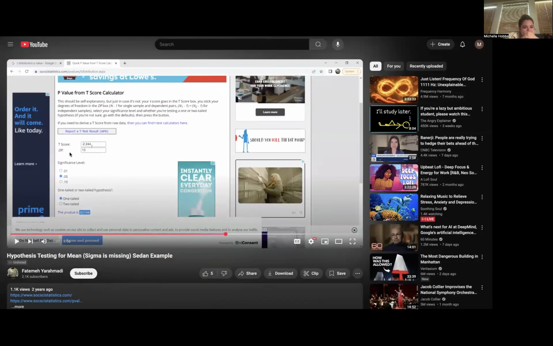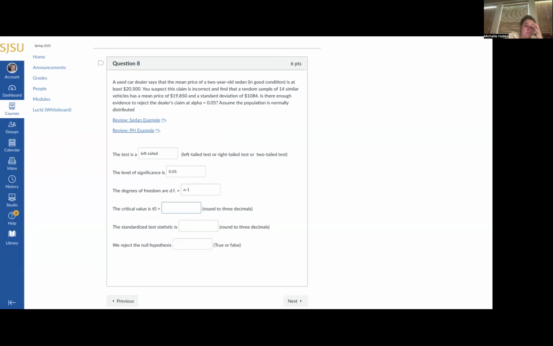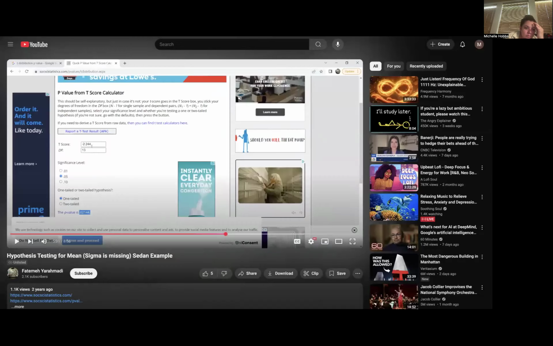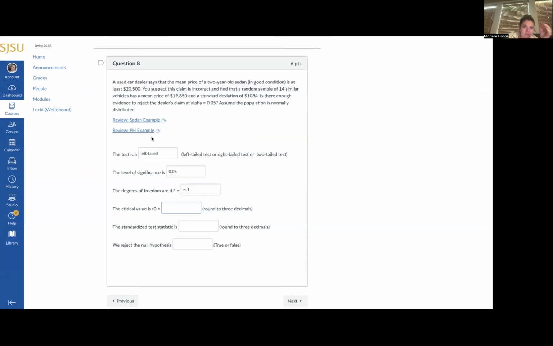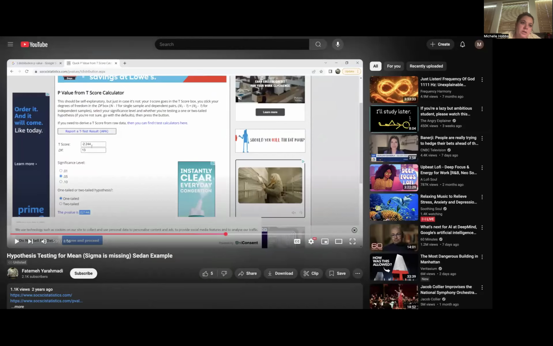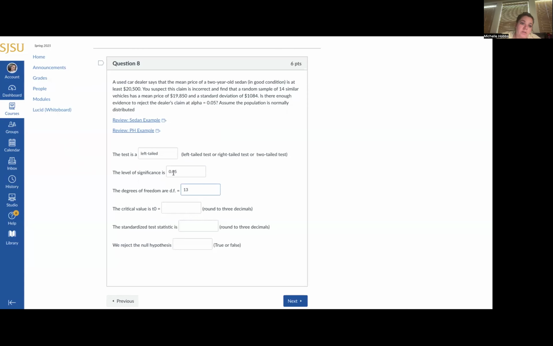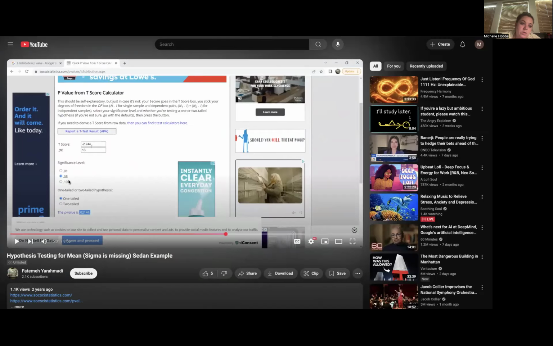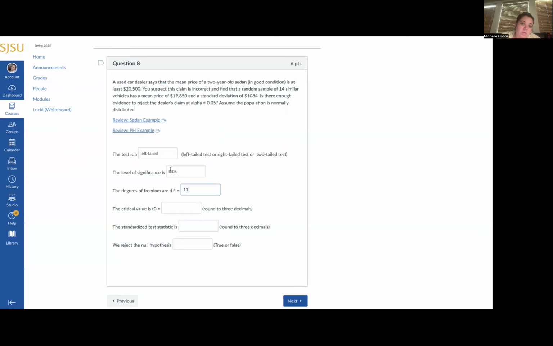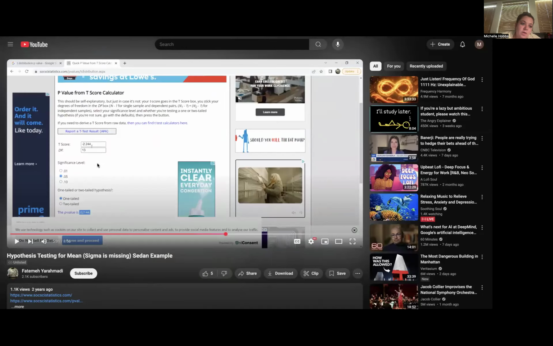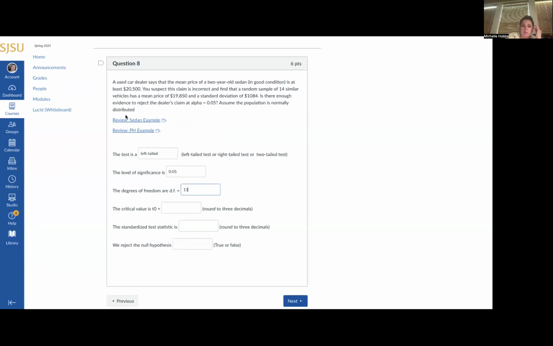So the degrees of freedom is 13. The level of significance I wrote is 0.05. And then one-tailed or two-tailed.